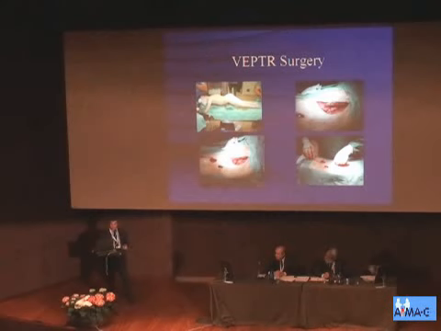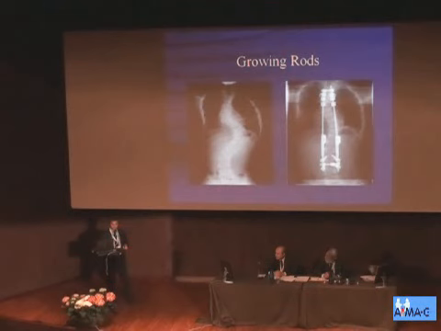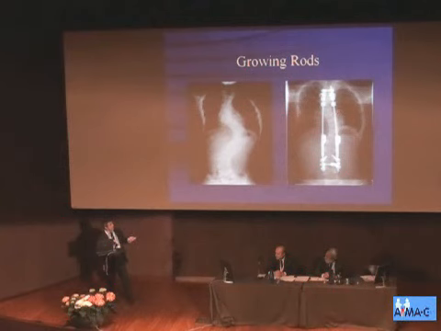These are operative images of the vector growing rods. Dr. Banya has invented these. Here, the system is instead of fixing it onto the pelvis or the ribs, that you fix it to the vertebrae.